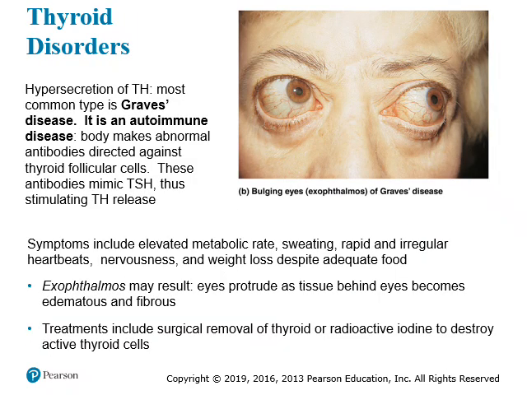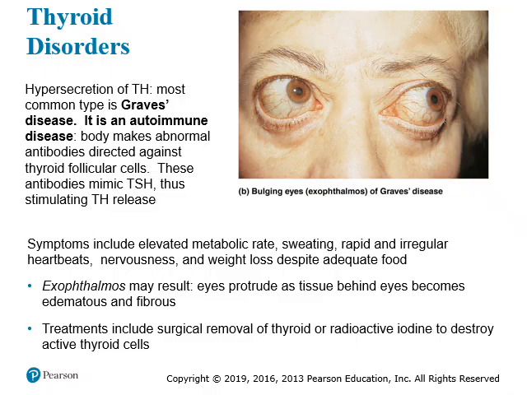Then you have your hypersecretion. When you have hypersecretion of the thyroid hormone, the most common type that we have is what we call Graves' disease. Graves' disease is an autoimmune disease. The body makes abnormal antibodies directed against the thyroid follicular cells, and these antibodies mimic the thyroxine stimulating hormone. Thus, it is stimulating the thyroxine hormone release. And one of the symptoms is actually this lady right here with exophthalmos because of her Graves' disease.